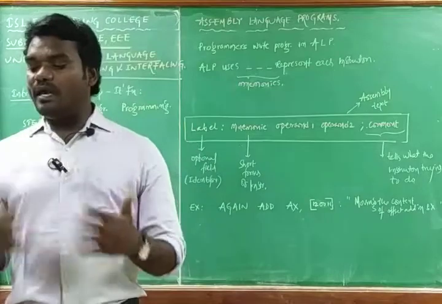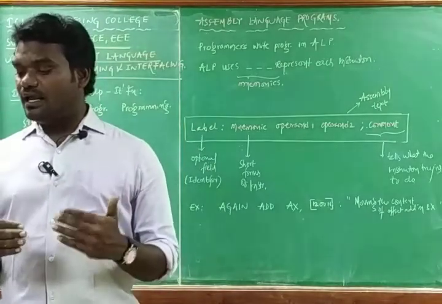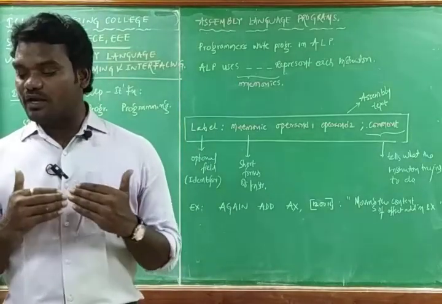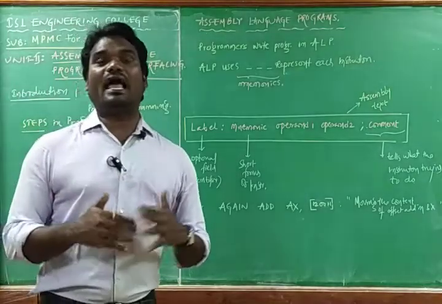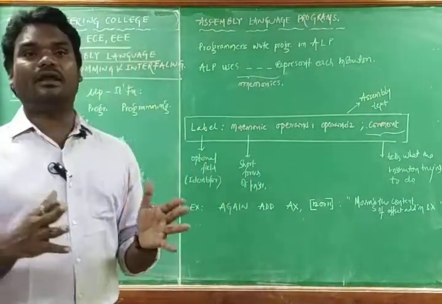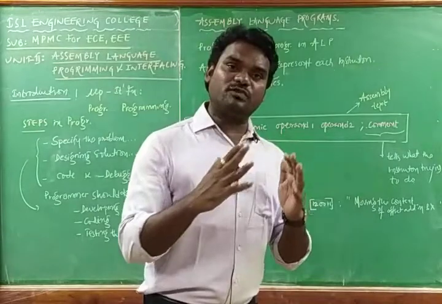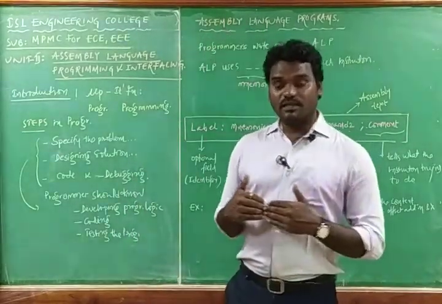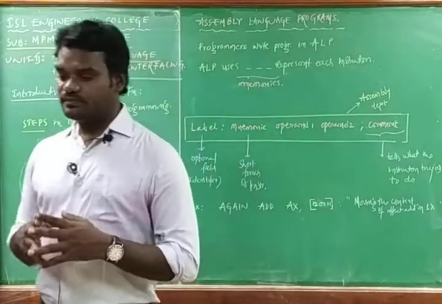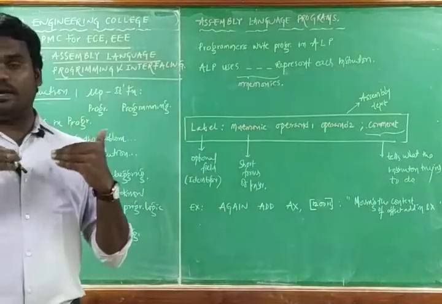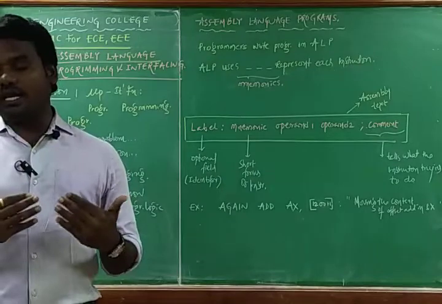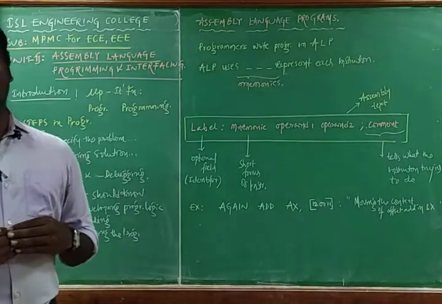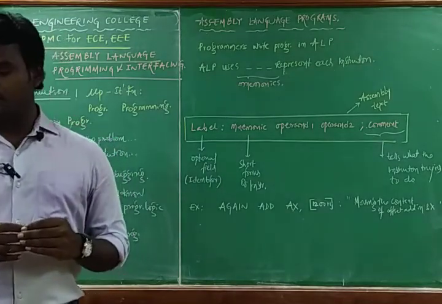Programmers write the program in assembly language, and an assembler converts that program into machine language, which can be read by the microprocessor, so that it can be loaded into the memory and executed.